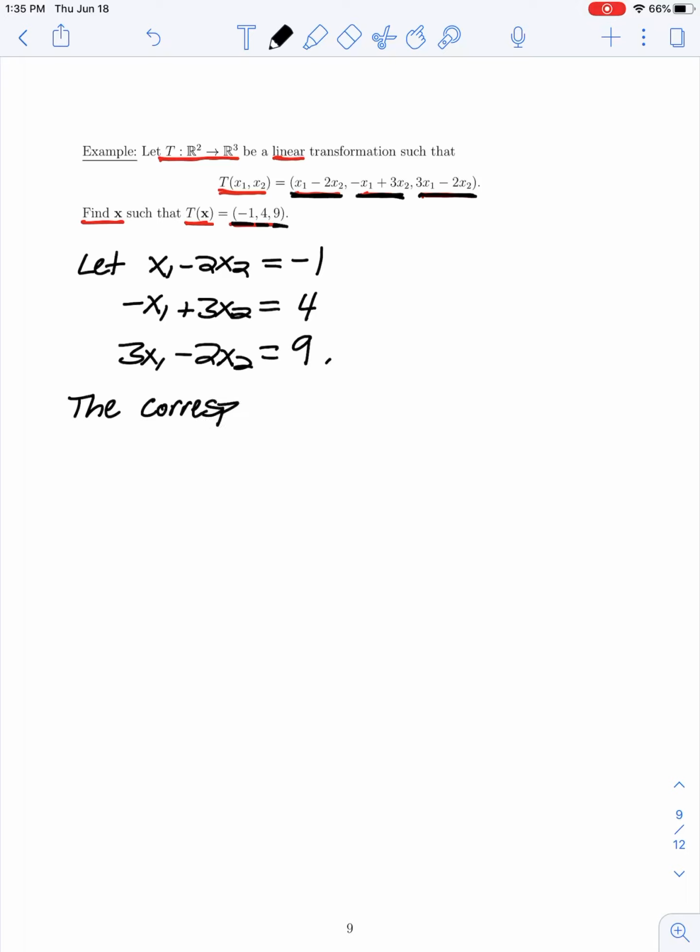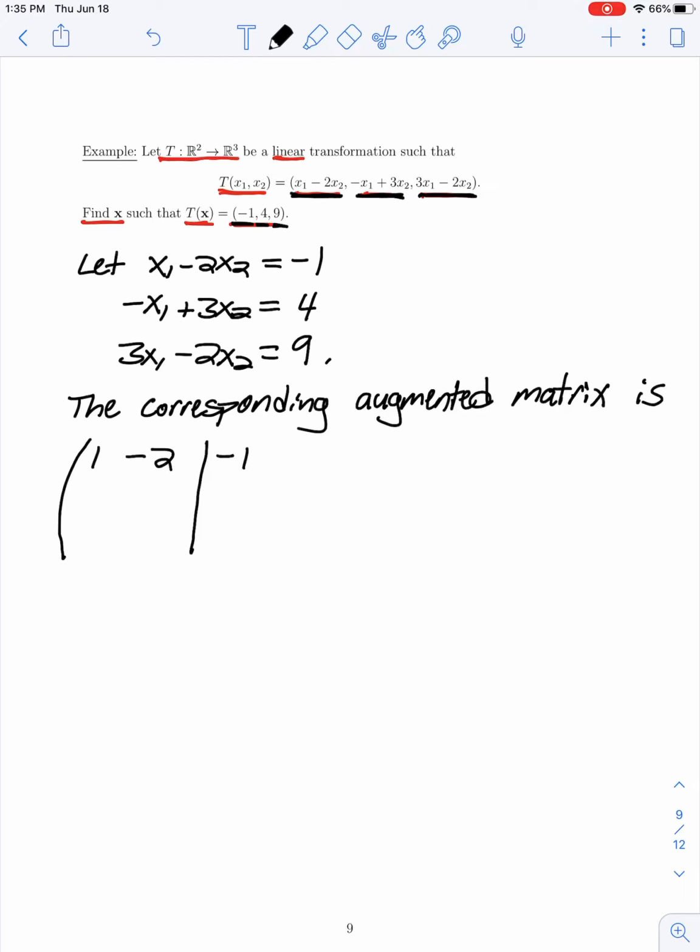So the corresponding augmented matrix is the following. My first row is 1, -2, -1. My second row is -1, 3, 4. And my third row is 3, -2, 9.